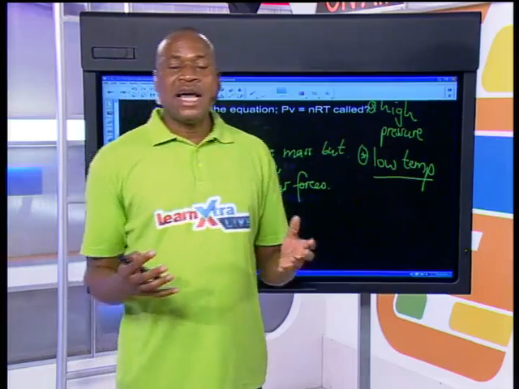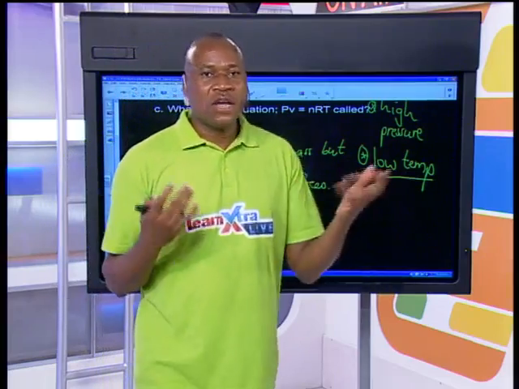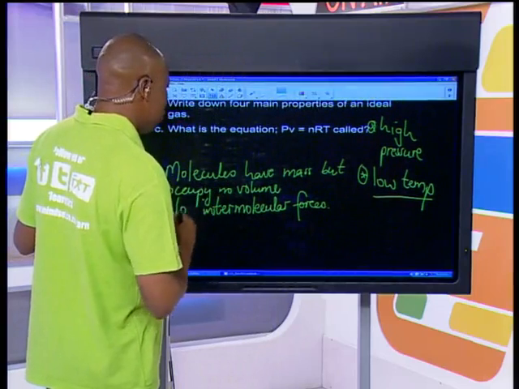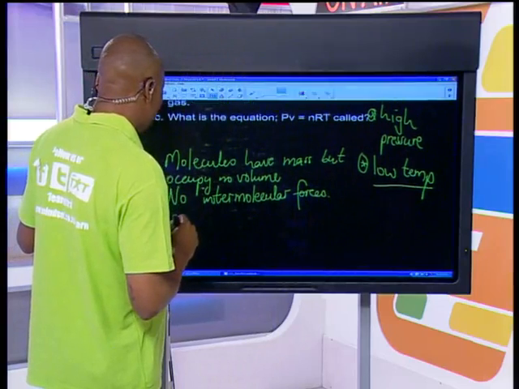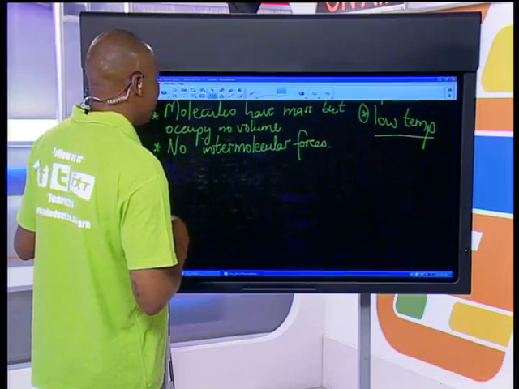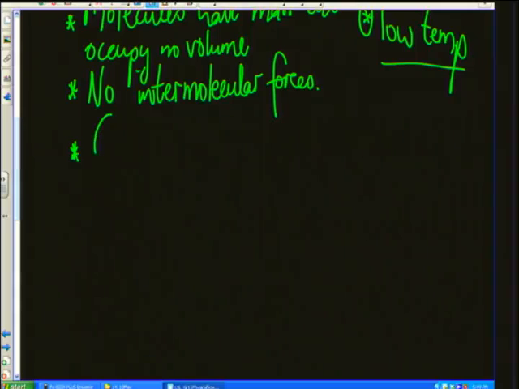And what else? Who can think about the other one? Quickly, molecules have mass but do not occupy volume, no intermolecular forces between them. And one very important characteristic of an ideal gas is the collisions between molecules.